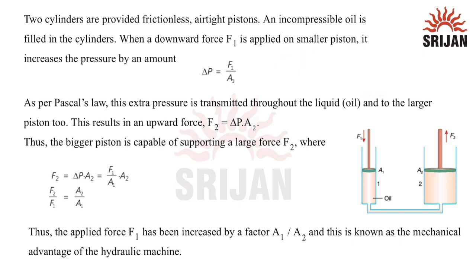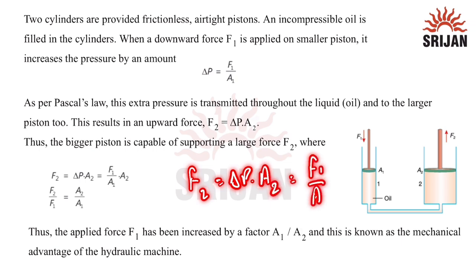So as per the Pascal law, this extra pressure is transmitted through the liquid, that is the oil, to the larger piston too. This results in an upward force F2 that would be equal to delta P into A2. Thus, the bigger piston is capable of supporting a large force F2, where F2 will be equal to delta P into A2, that would be equal to F1 upon A1 into A2.